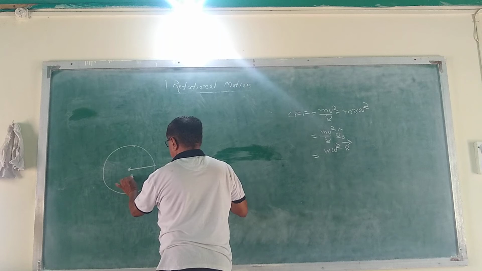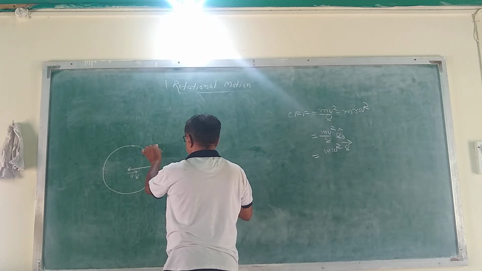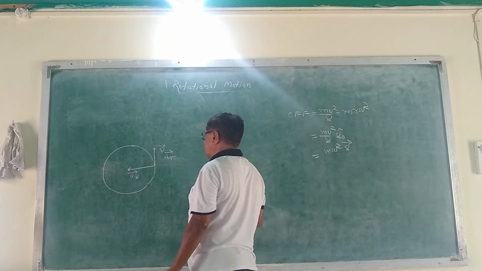This is the direction of the AR bar, that is the radial acceleration. This is the direction of the velocity, that is V bar. Now this is the direction of the tangential acceleration, that is AT bar.